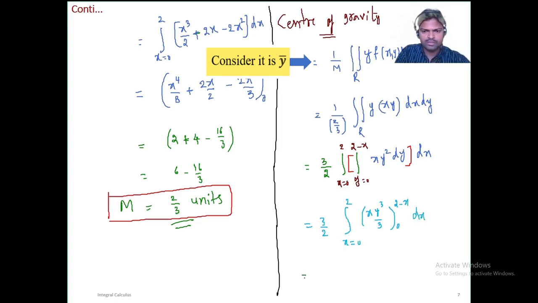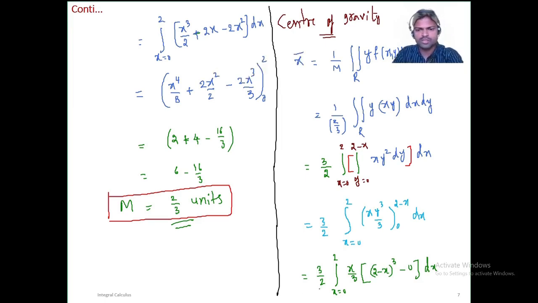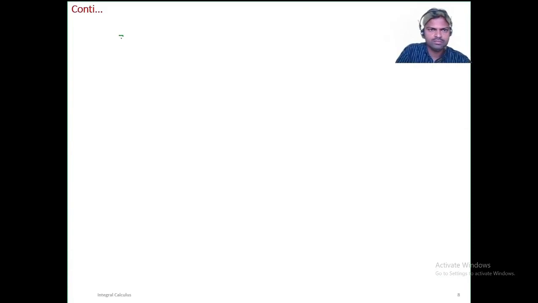Which is 3 upon 2 integration x from 0 to 2, x by 3 I am writing outside, and inside 2 minus x whole cube minus 0 into dx. We are supposed to find this one.